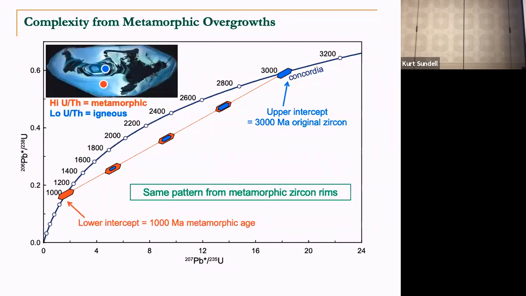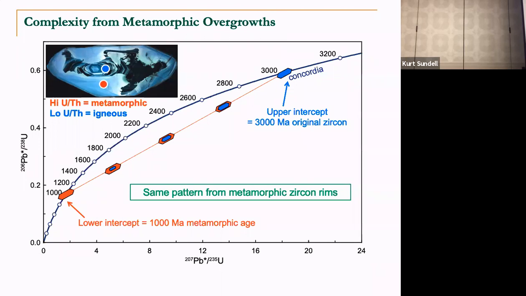Okay, so we can also get complexities from overgrowth. It's quite common to get these metamorphic overgrowths. They'll often look like this in CL images where they're kind of these white ghostly overgrowths. And we get a similar pattern here where we have the same kind of mixing line between the upper intercept and the lower intercept. Something to keep in mind here is that high uranium thorium ratios are really indicative of metamorphic zircon.